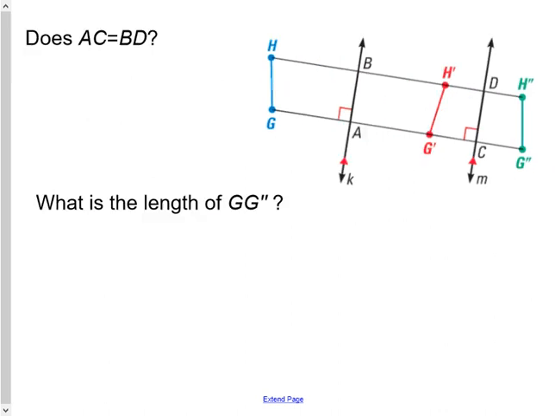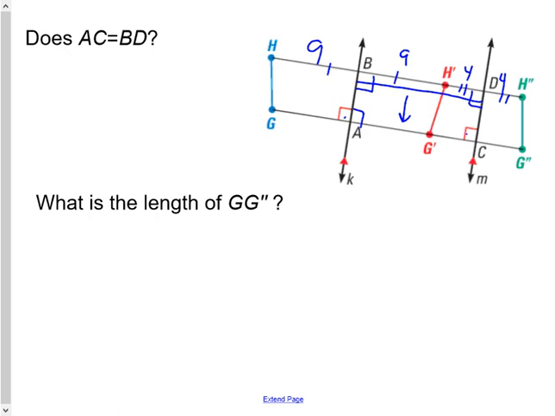A couple more pieces about this, because the next slide is very similar. Does AC equal BD? They gave us 9 here and 4, and so these are equal, these are equal. So 13, does that equal this side? What do you think? Remember, we've got perpendicular here, and we've got parallel.